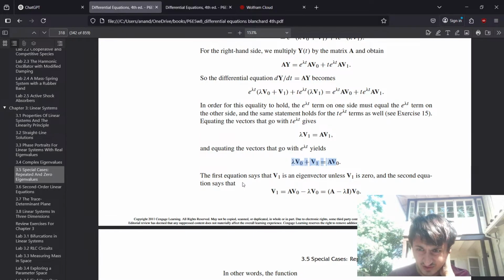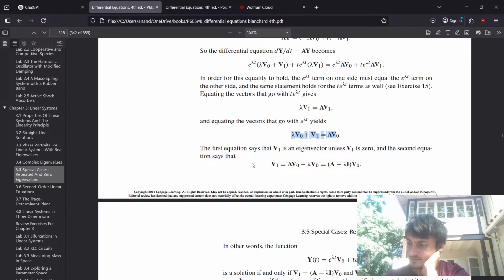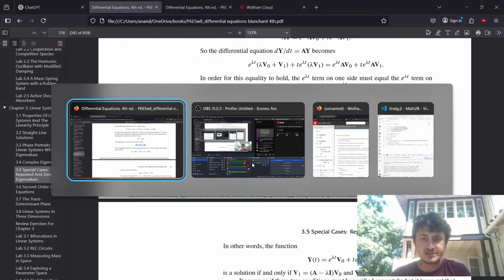And the second equation says that v1 is equal to A v0 minus lambda v0. But then we can rewrite this by factoring it out, and we get A minus lambda I times v0. Wow, this strategy is actually really crazy.